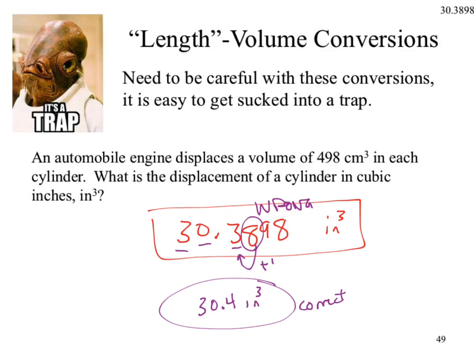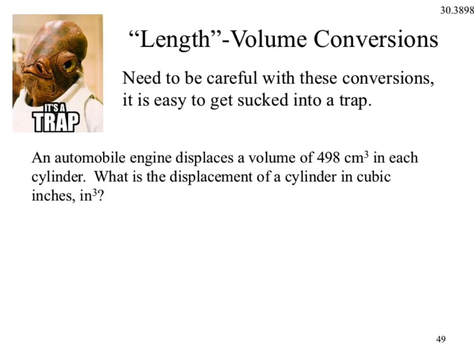I'm just going to write the letters. Watch this. Yeah, absolutely, we showed multiple ways to do it. The only way that you don't receive credit or full credit for this conversion is this one.